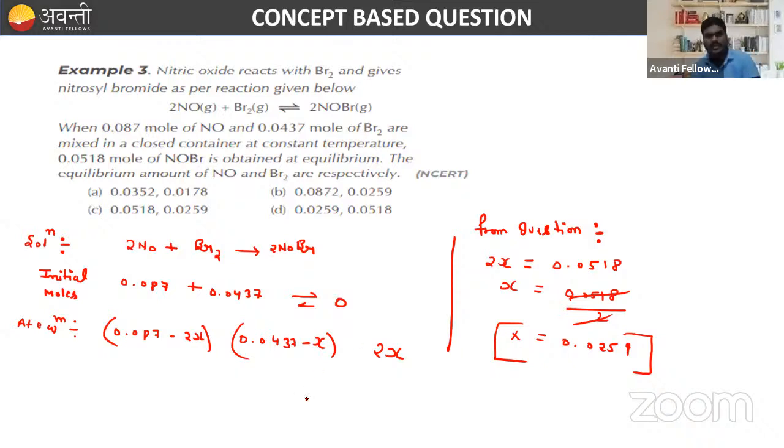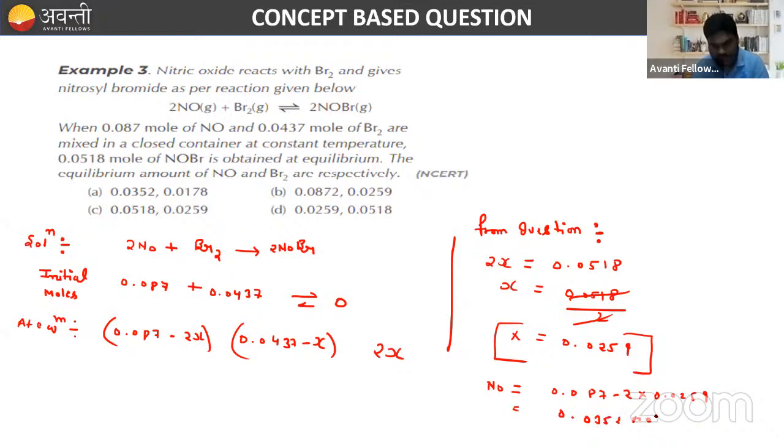So you know x. Then how do you calculate NO and Br2? The amount of NO is 0.087 minus 2x, so 2 into 0.0259. On subtracting, you get 0.0352 mole.